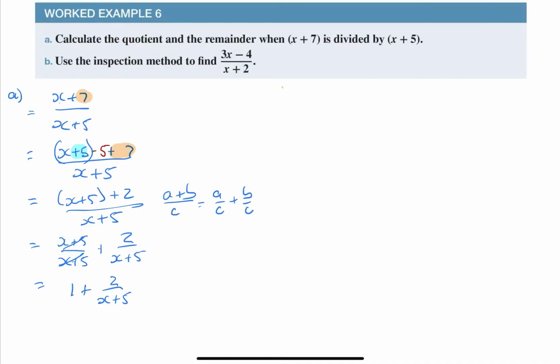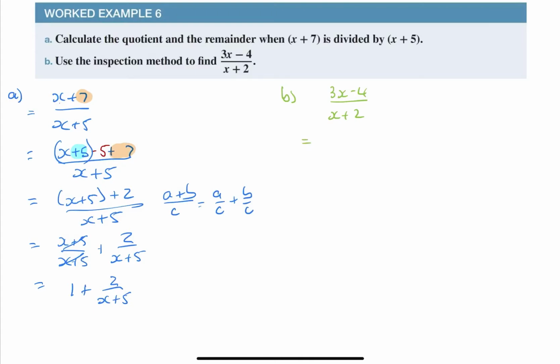Let's do B. B is a little bit harder, and personally I would have done long division here, just because I find it easier than by inspection. I'm going to follow the same method as previously. It's a bit different than what you have in your textbook, so please just do as I do.